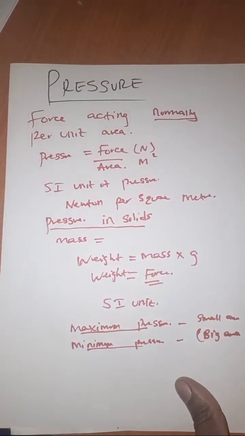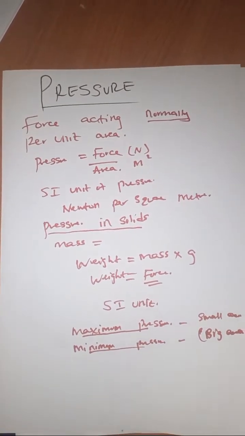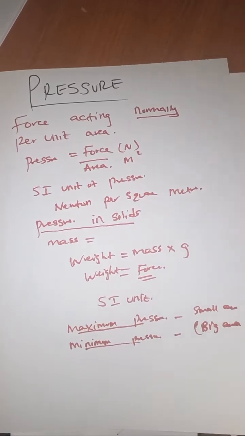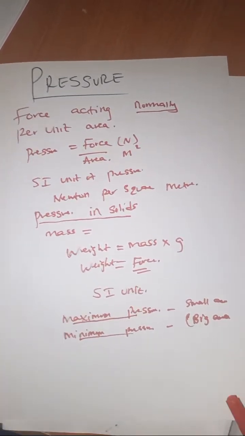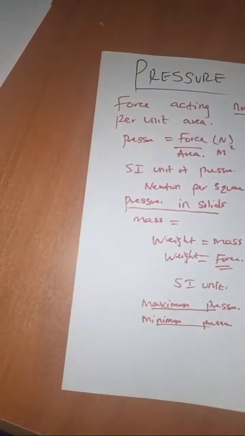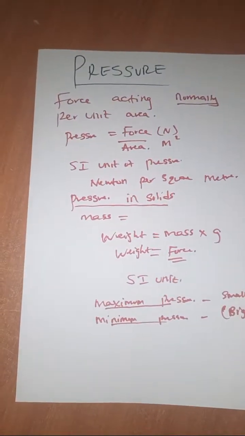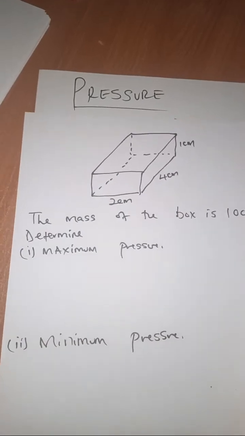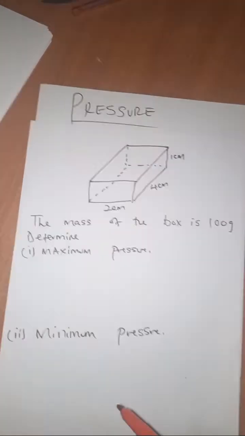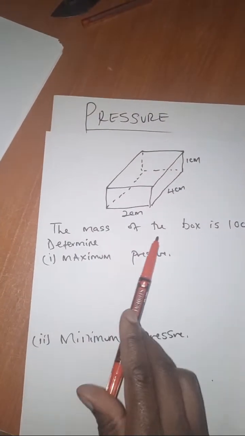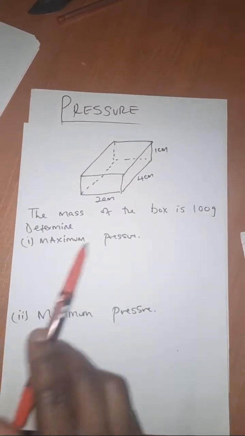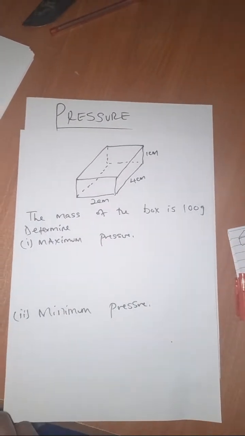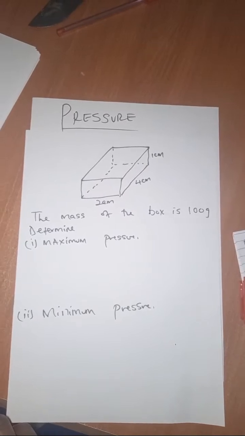So let's look at an example on maximum and minimum pressure. I have a question here. The mass of this box is 100 grams. Determine the maximum pressure.